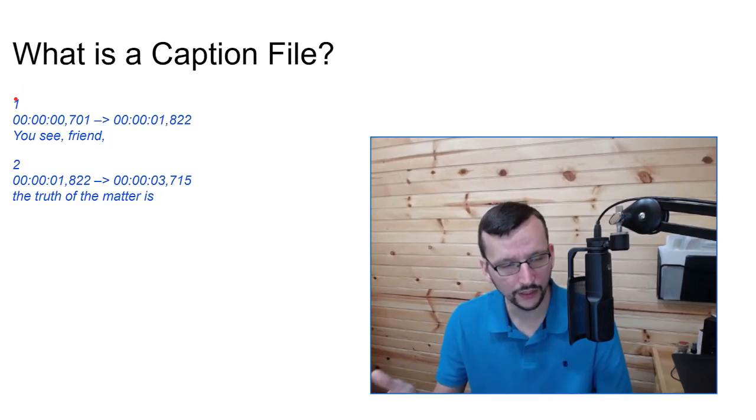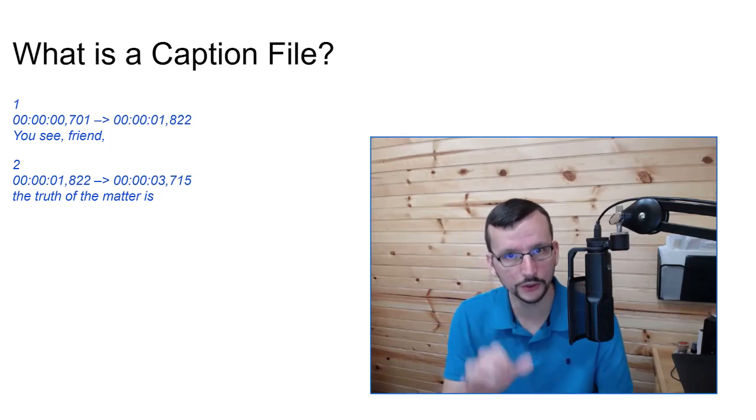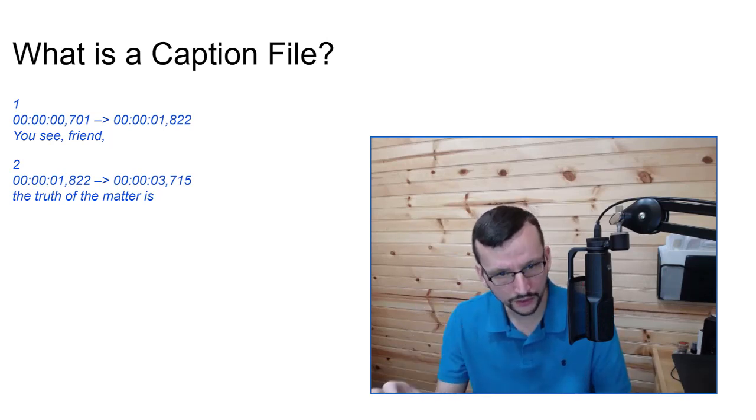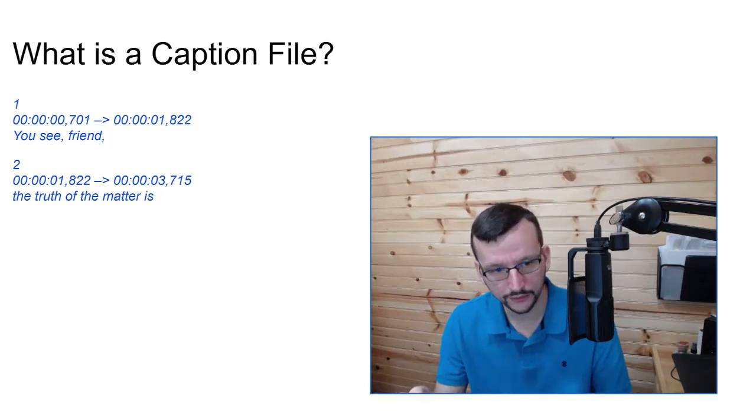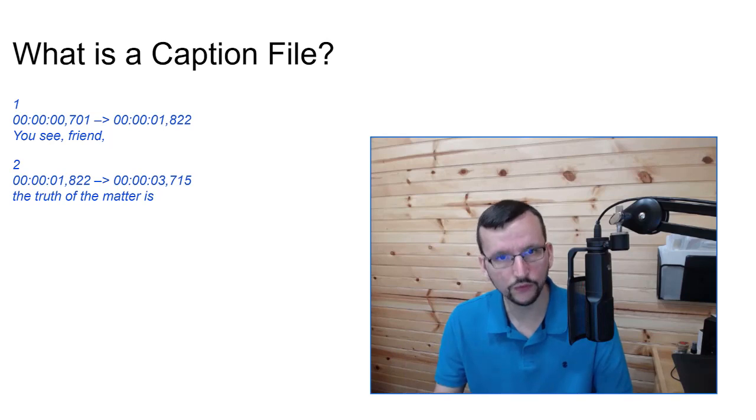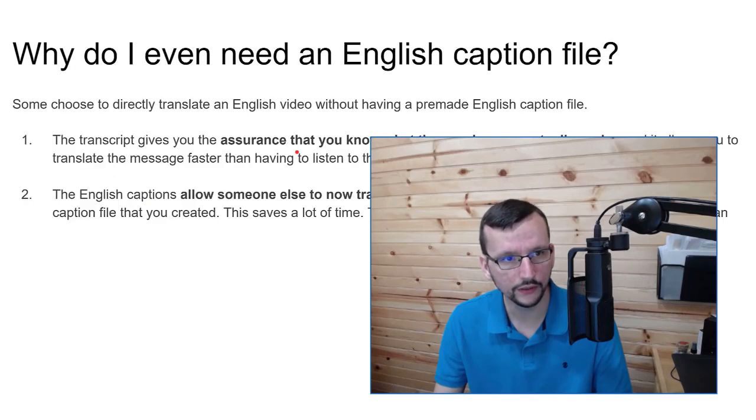And then the second thing we have is the time code, which indicates when it's going to show, and then when it's going to be hidden, and then when the next one's going to show, and when the next one's going to be hidden. And then we have it followed by the caption text. So that's kind of an overview of a .srt.